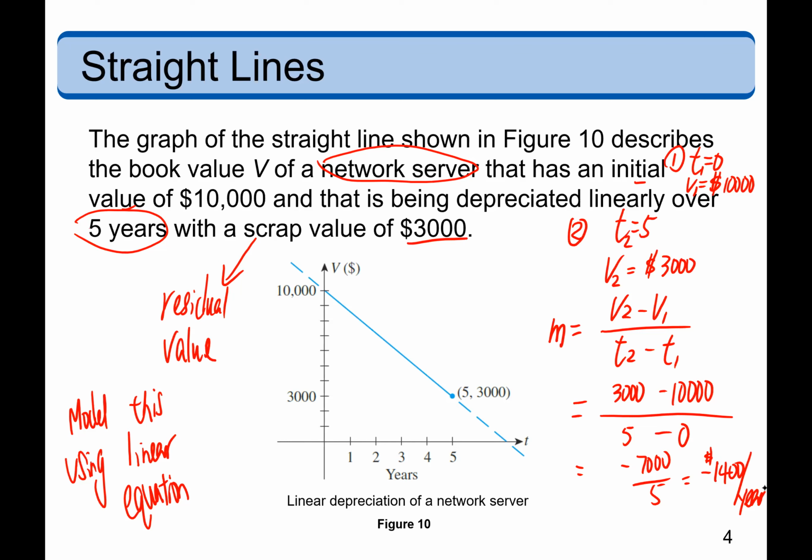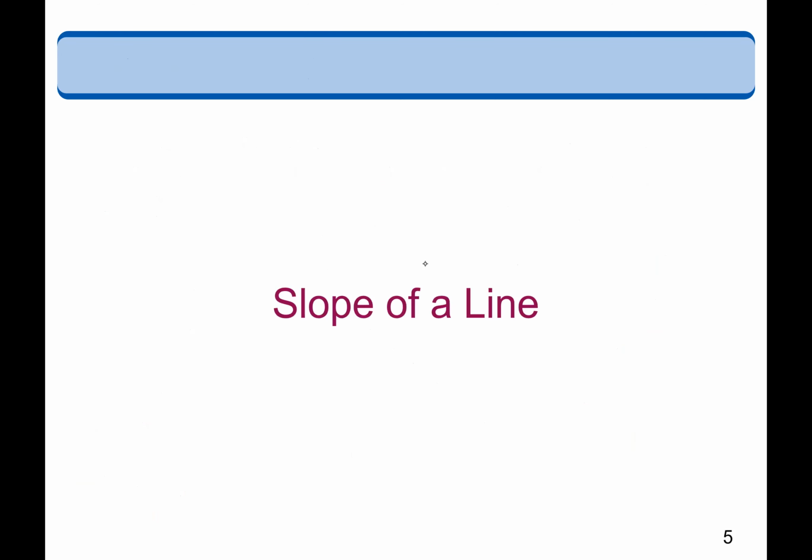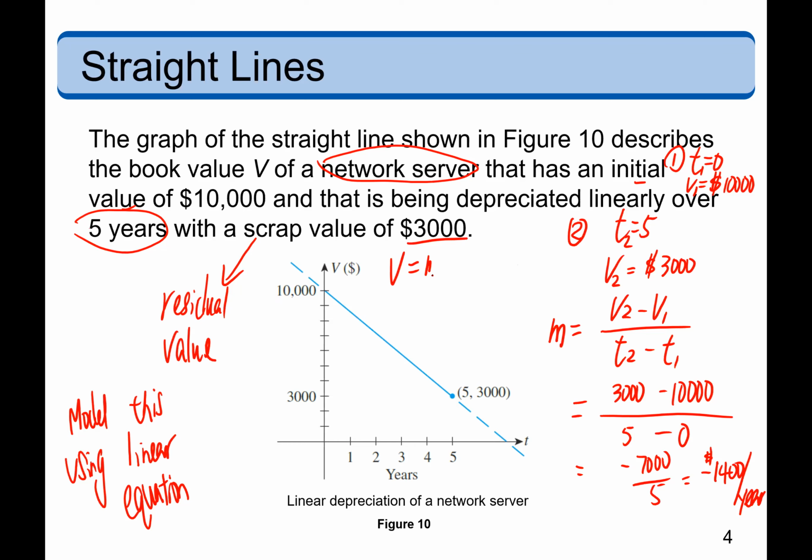So now we know the slope, right? The slope is negative because a negative slope indicates it is going down. So the value of the machine goes down on a yearly basis. And if you use V, then we do slope times time, plus V0. V0 is the initial value of the machine.